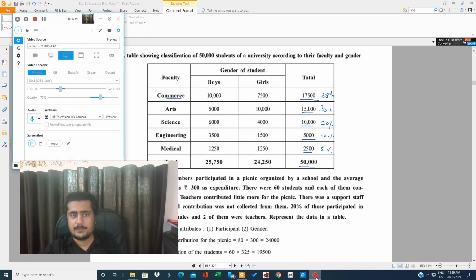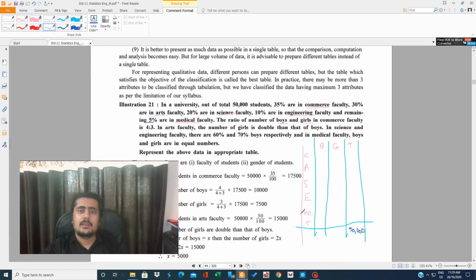Then now let's read ahead. The ratio of number of boys and girls in commerce faculty is 4 is to 3.